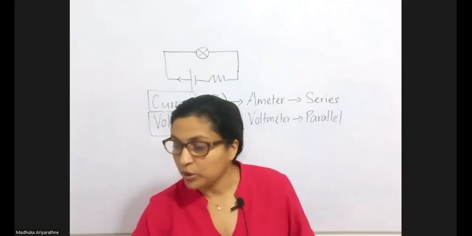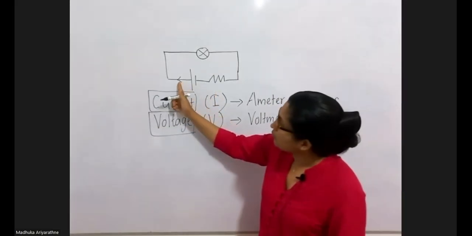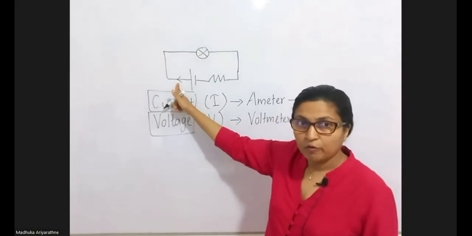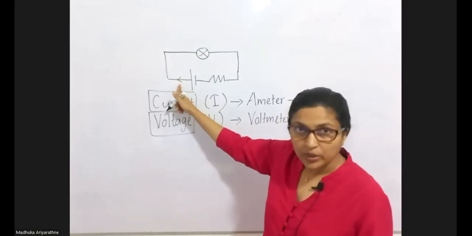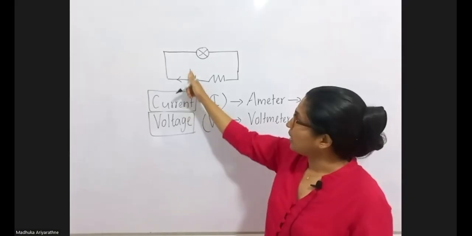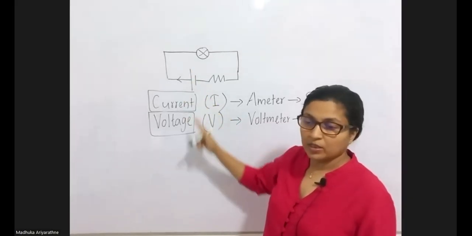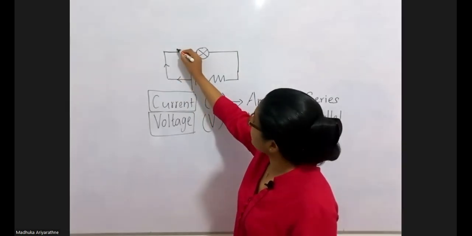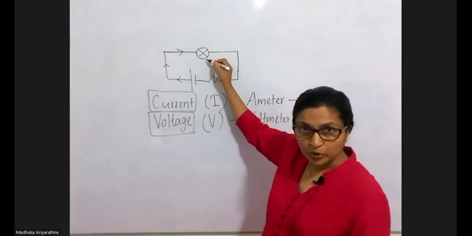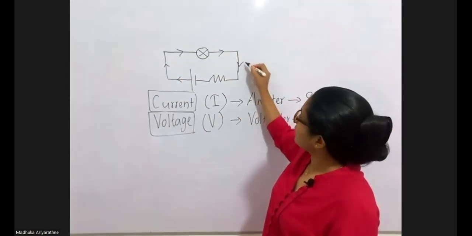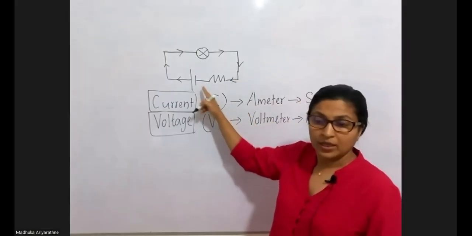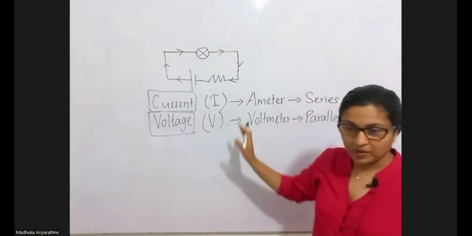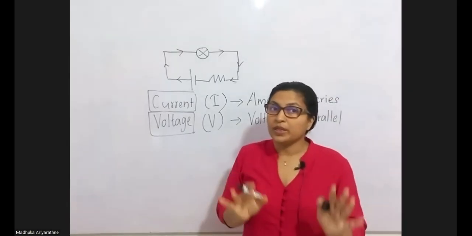If we want to indicate the direction of the current flow, we can use arrowheads. We always start from the positive terminal of the cell, move through the bulb, and then come back, returning to the negative terminal. That is the usual current flow in a circuit.